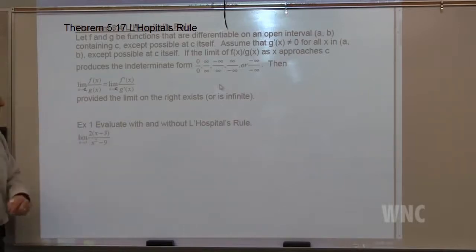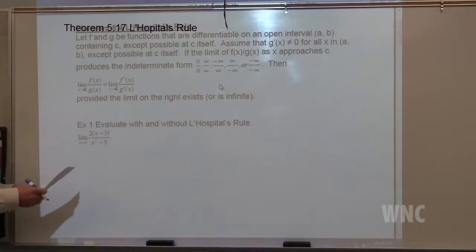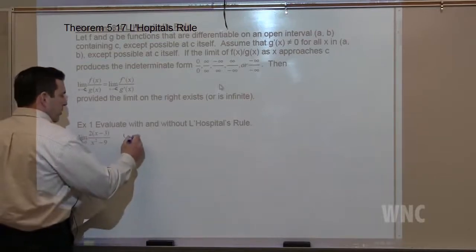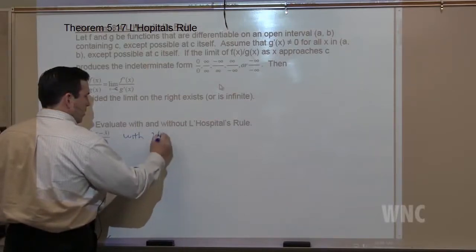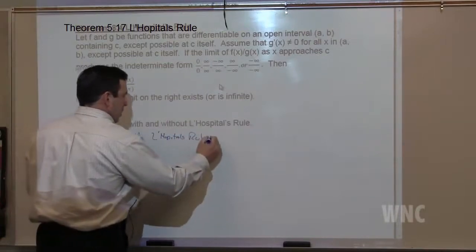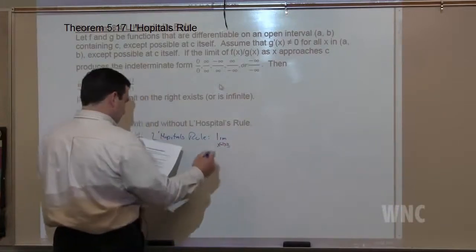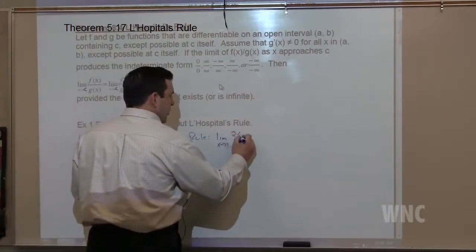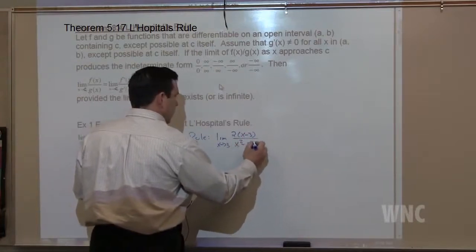So evaluate with and without L'Hopital's rule the limit as x approaches 3 of 2 times the quantity x minus 3 over x squared minus 9.